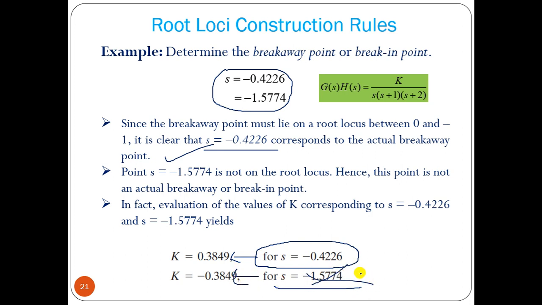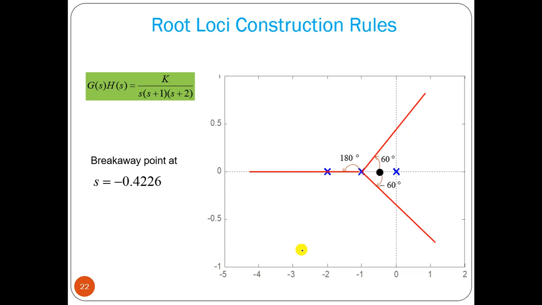So this point is not valid, this is valid. That you can also find from the plot itself, but if you cannot identify it, put the s value in the k equation. If k is positive, then that is the valid breakaway or breaking point. So this is the example of that.